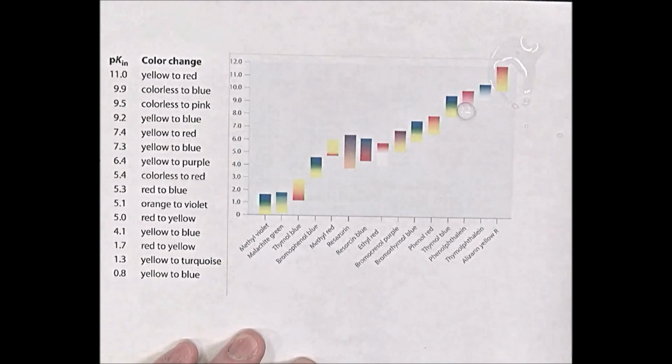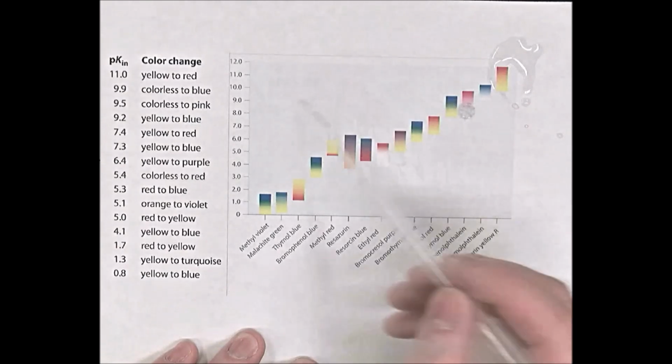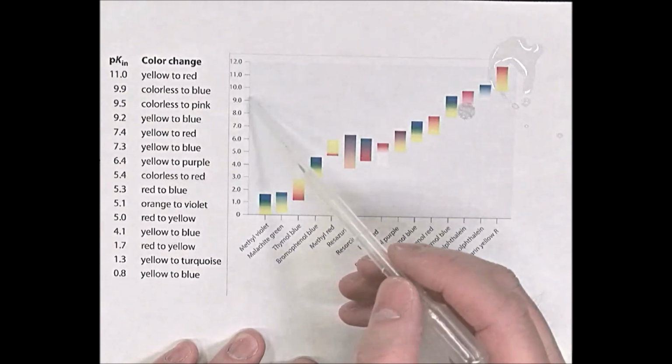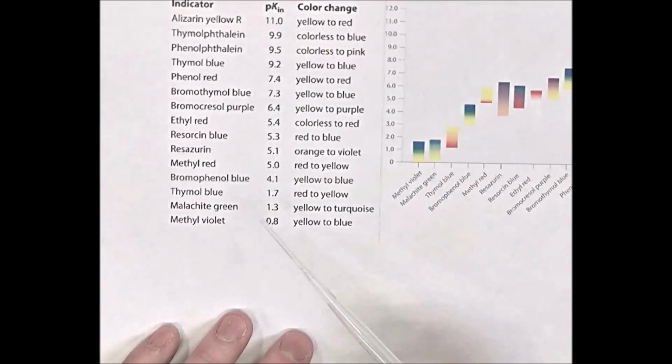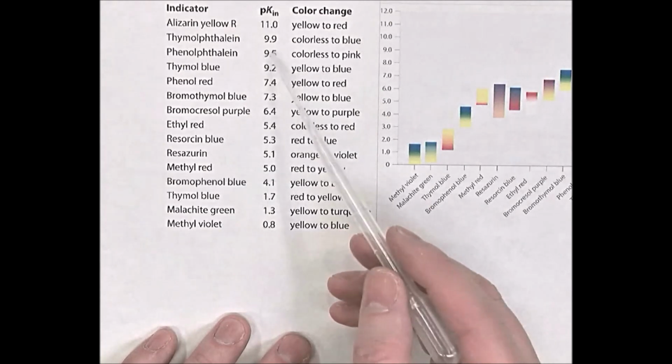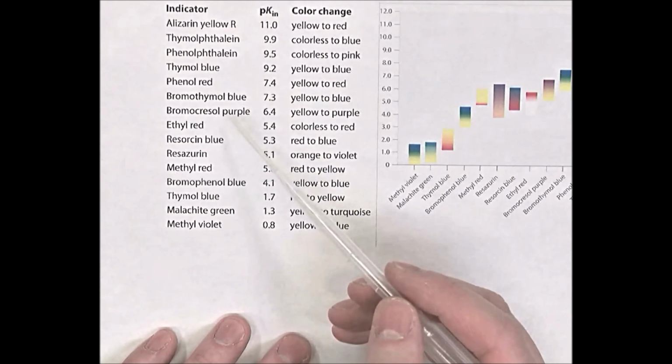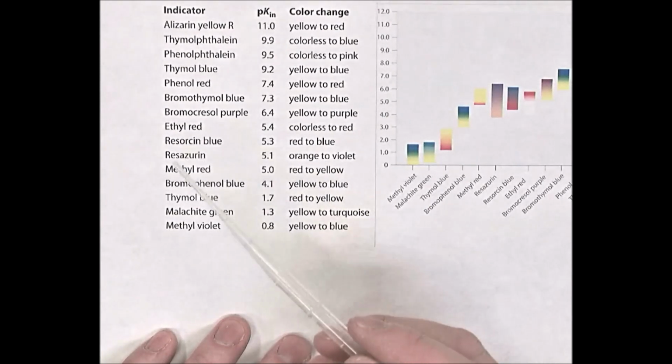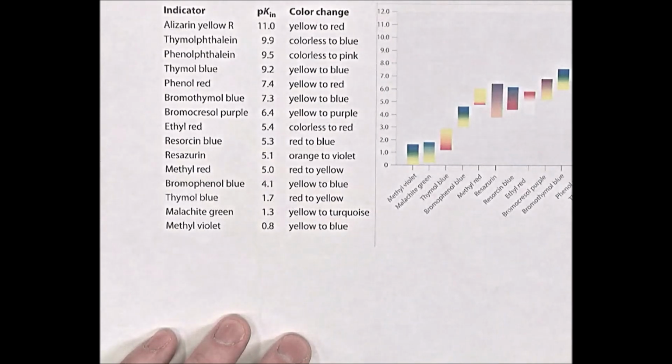That's what happens when you think you have clean, dry pipettes. It changes color from colorless to pink at a pH just over pH 9. And when you look at phenolphthalein in the list of acid-base indicators, its pK indicator was 9.5. So we expected phenolphthalein to change color at around pH 9.5.